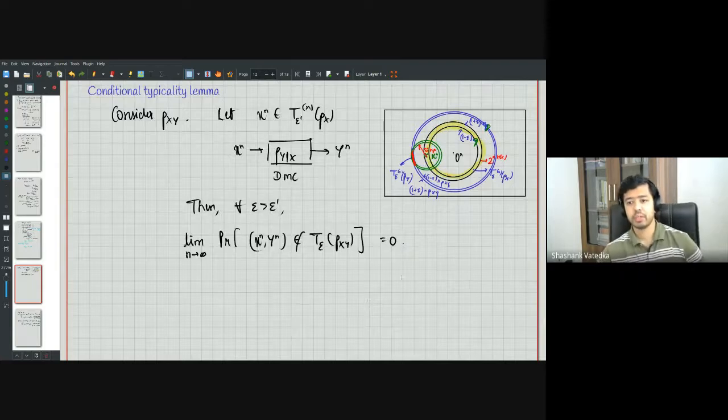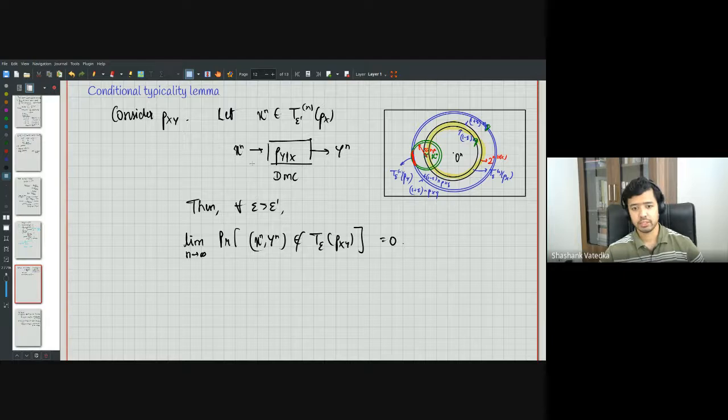So let us pick any x^n in the typical set, which is epsilon prime typical for some small epsilon prime, and look at the following. I take this x^n, I pass it through a discrete memoryless channel, P(y|x), and I get a y^n at the output.